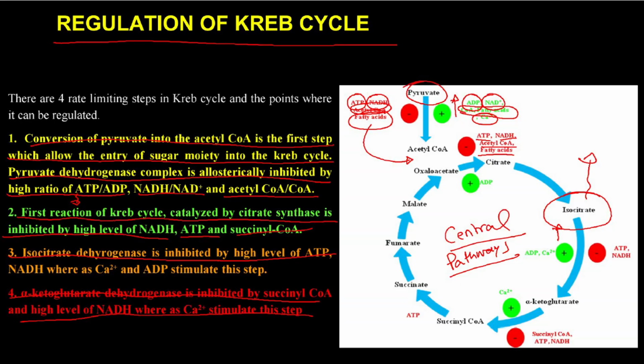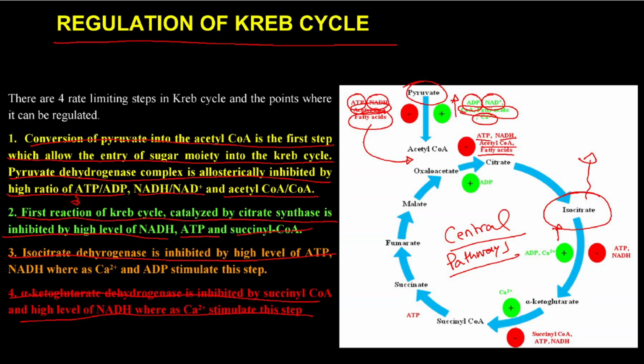As it is a rate limiting step, the reaction can be controlled and regulated there. So conversion of pyruvate into acetyl coenzyme A is the first step which allows the entry of the sugar moiety into the Krebs cycle. The pyruvate dehydrogenase complex is allosterically inhibited by a high ratio of ATP.